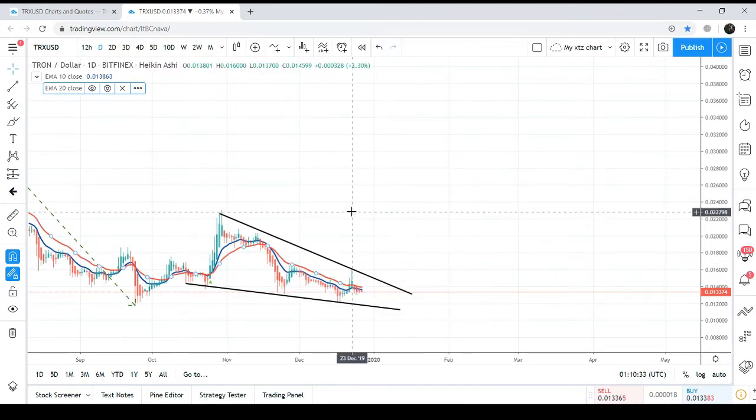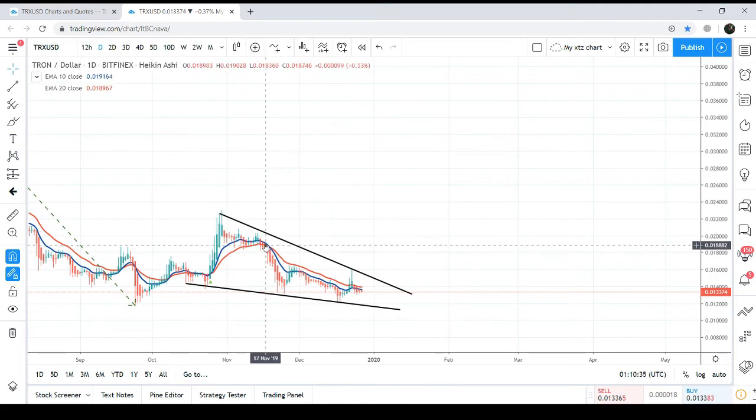Now you can see that the exponential moving average 10 crossed down and formed a death cross on 18 November 2019 with the 20 exponential moving average.